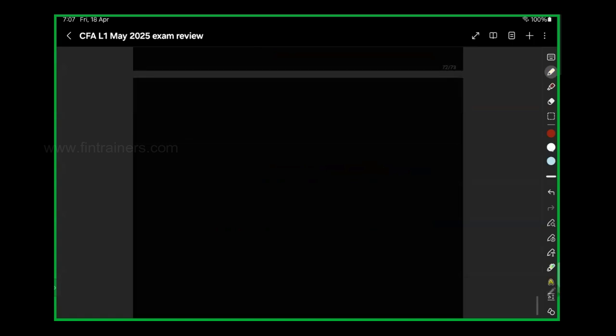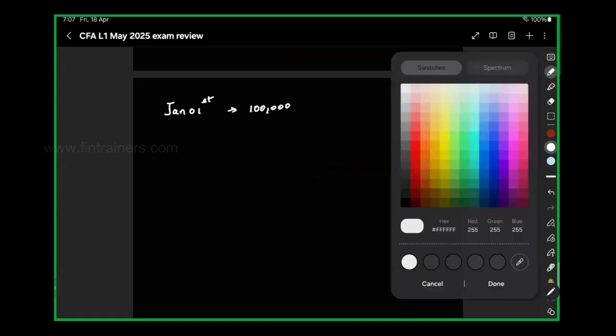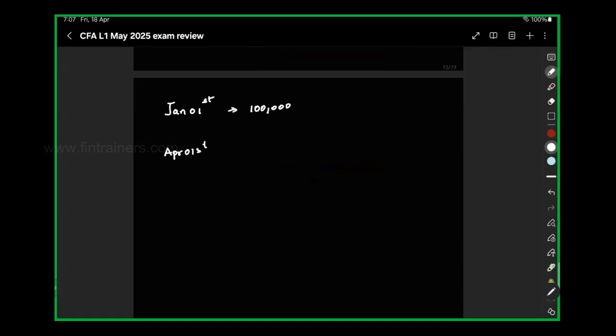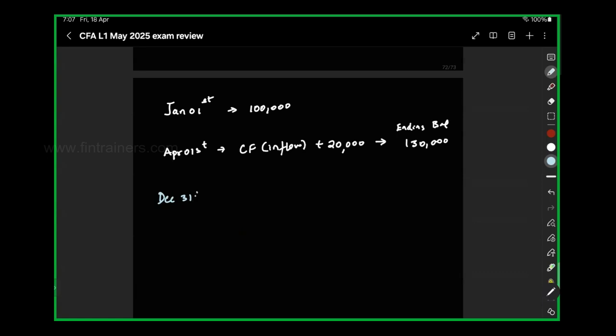I want to give just two periods here. So let's say on Jan 1st, my account is starting with 100,000. And then on April 1st, I had a cash inflow of plus 20,000, and my ending balance here is 130,000.